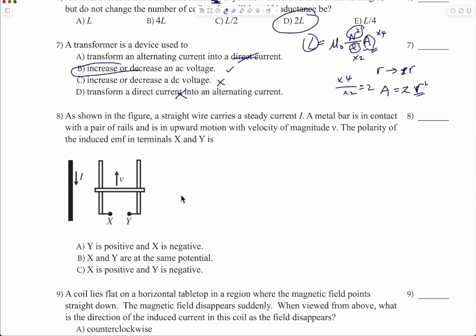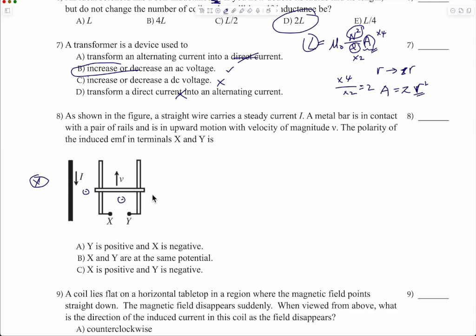Let's see what we have here. Assume this is connected. You basically look at the current direction and you can figure out the induced EMF direction. The current goes down, use your right hand rule to figure out the magnetic field. Current down, then magnetic field on this side gets into the screen, this side comes out of the screen.